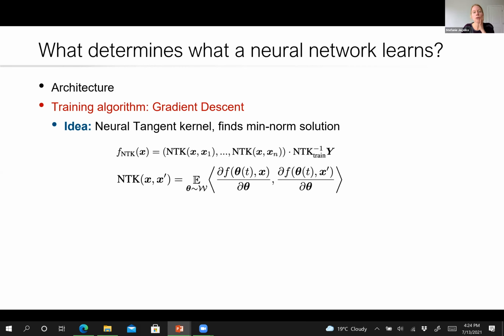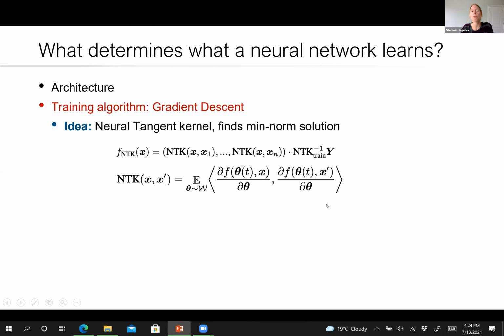It looks at a linearization of the neural network, and this linearization behaves like a kernel method. It looks at the tangent of this neural network. What we can show is that it finds a function in the function space defined by this kernel.